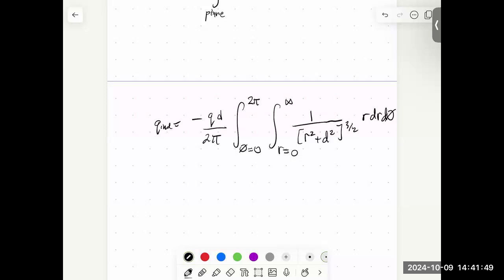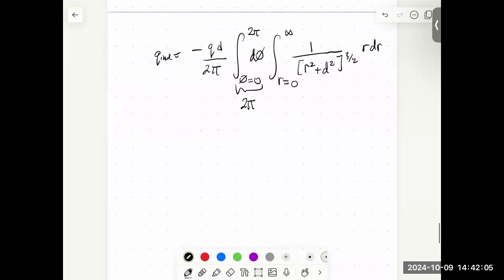Okay, so the first thing we can do is the phi integral. In fact, I'm going to put the d phi over here, and this is just going to be 2 pi. It's going to cancel the 2 pi that's sitting there. That's good news. Okay. And then, well, let's see.